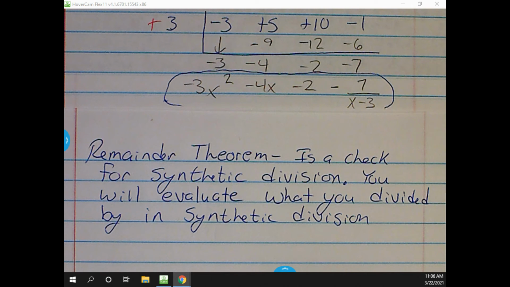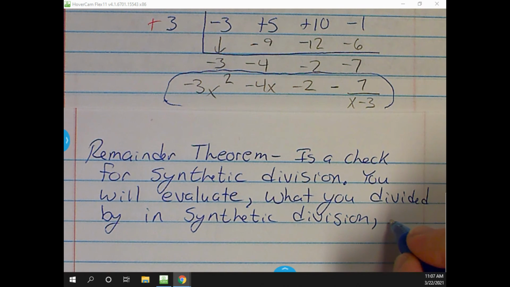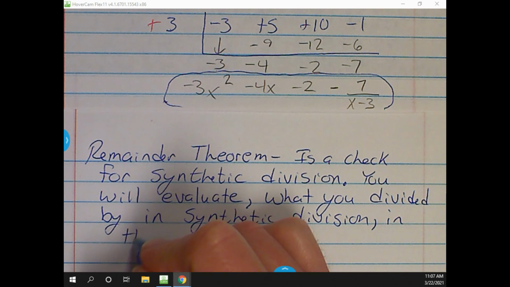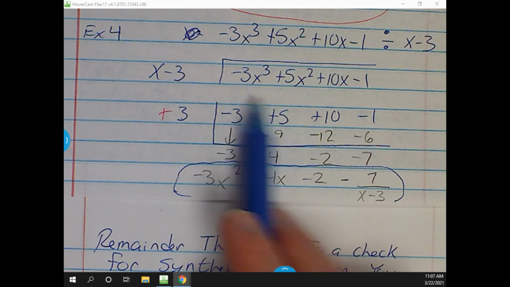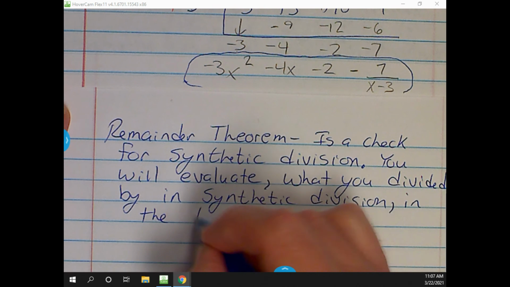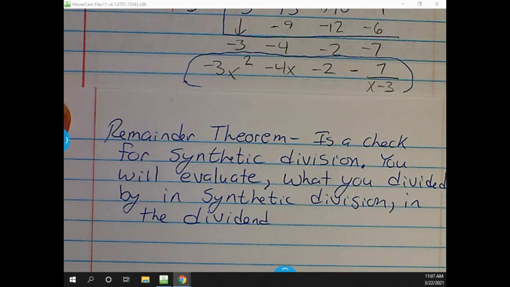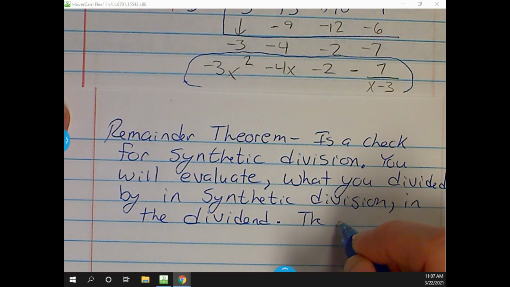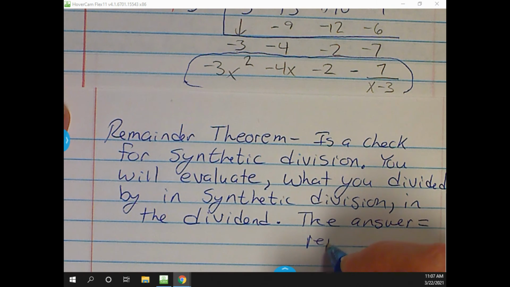So you evaluate what you divided by in synthetic division. You will evaluate that, put a comma there. You evaluate that in the dividend, this thing we started with on the inside back here. And the answer should equal the remainder.